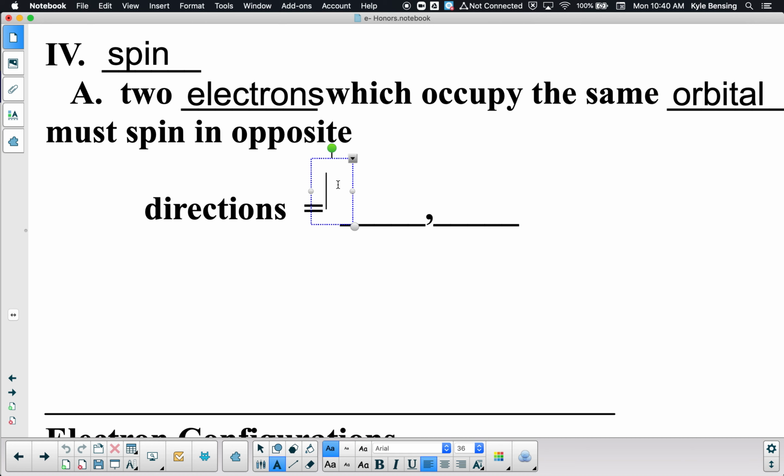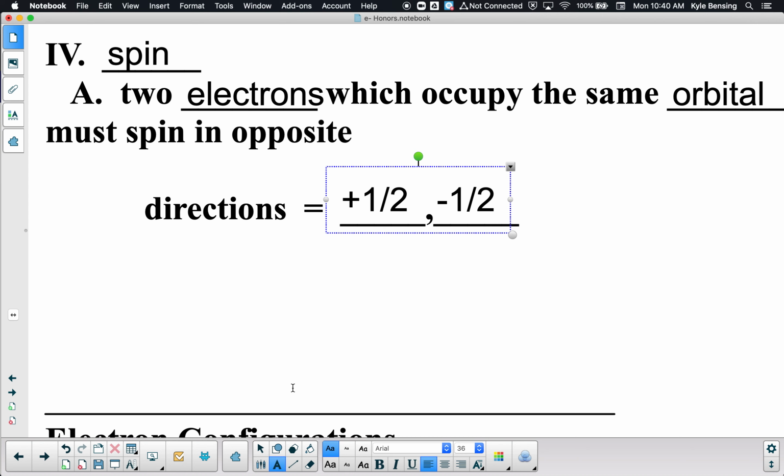So that means that one spins in a plus 1/2, and the other one spins in a minus 1/2. Now the 1/2 designation comes from the math, and I'm not going to explain what that is. I'm not sure I even fully understand what that is, but we always show them as plus 1/2 and minus 1/2.